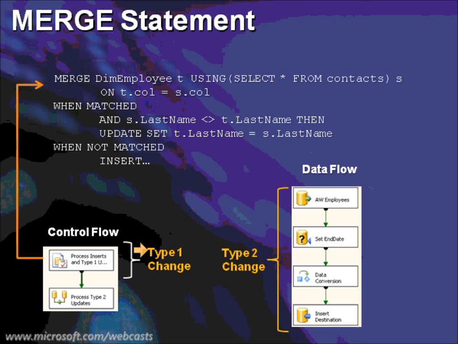As we implement a type 1 change, so let me grab that for you here. So here we're talking about the type 1 change right here. Using a merge statement, we include the when matched clause to find existing records and follow it with a Boolean expression to define the condition to trigger an update.